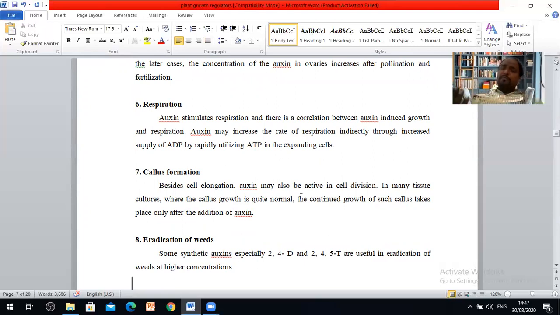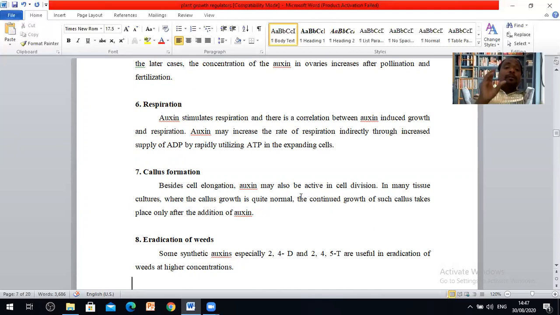When the wounds are formed, growth of the tissue takes place, and that growth is induced because of the increased concentration of auxins. These auxins induce the growth of the tissue, and that newly formed mass of loosely arranged parenchymatous cells is nothing but the callus. Later on it develops, but in the early stage it is the callus.